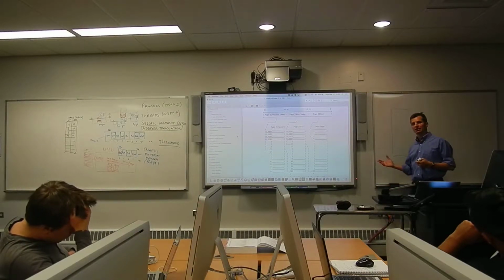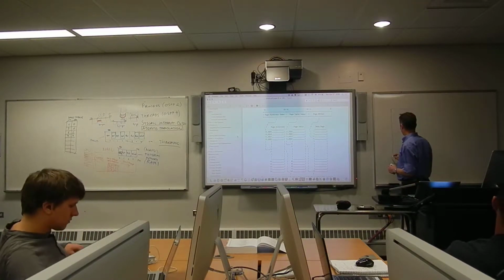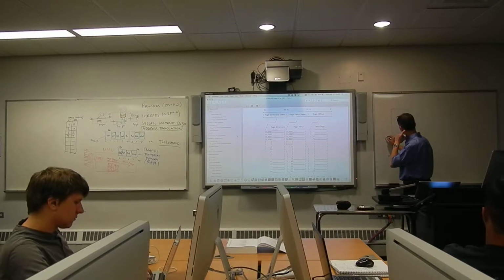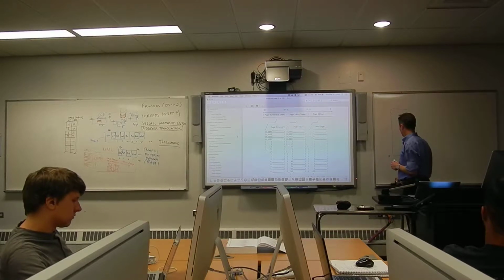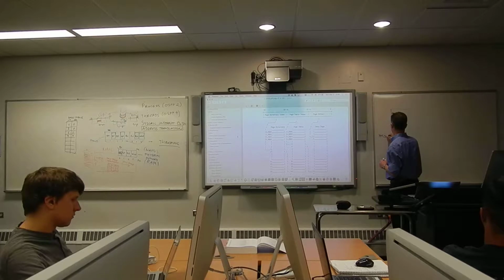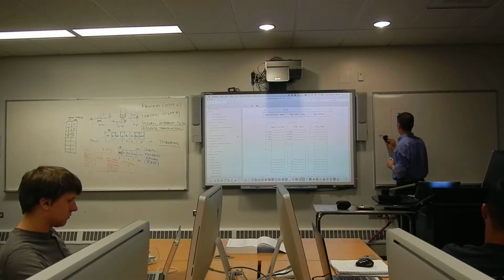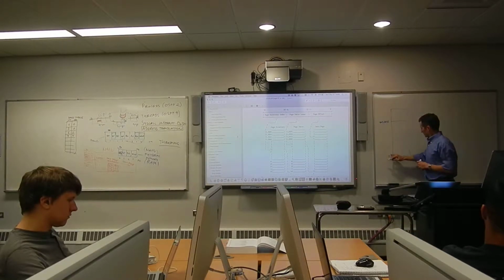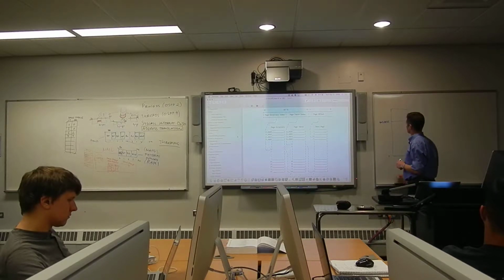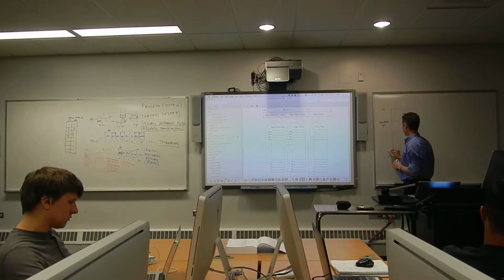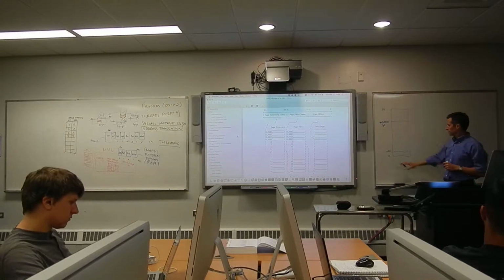The virtual address space is actually divided. Okay, so virtual address space.